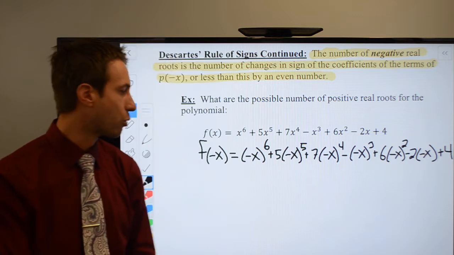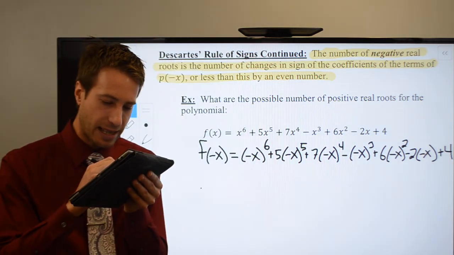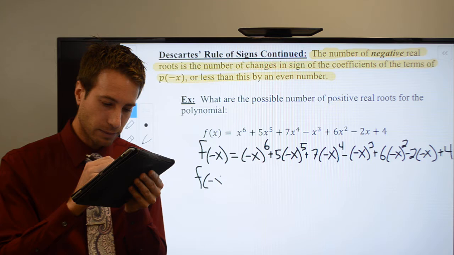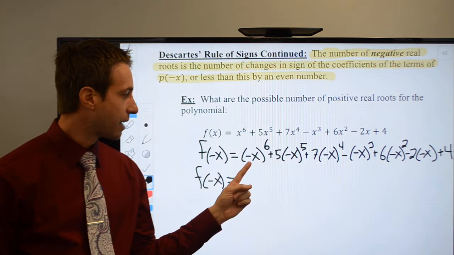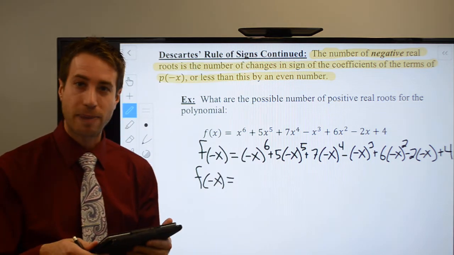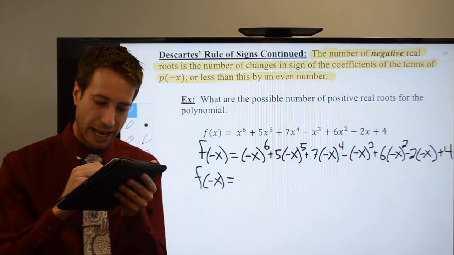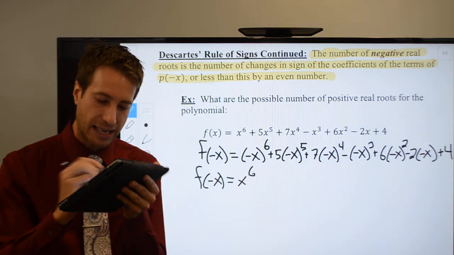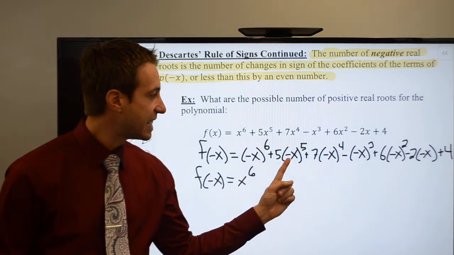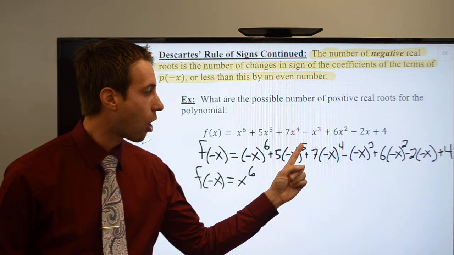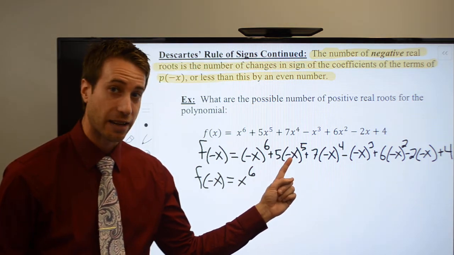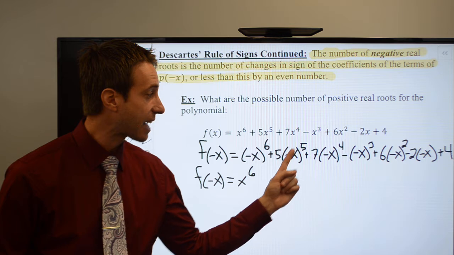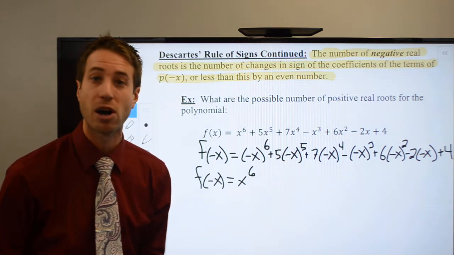So we're going to do a little bit of really simple algebra here. A negative number raised to an even power is going to come out to be positive. So that goes back to a positive x to the 6th. A negative x raised to an odd power is going to stay negative. So this will be a negative x to the 5th, and a negative times a positive is a negative.